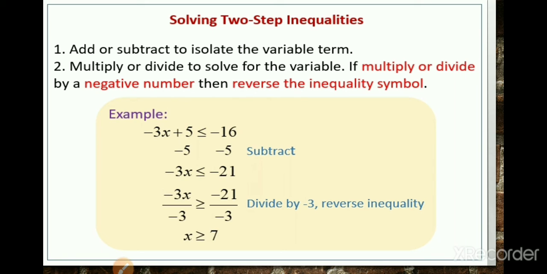Here you can add or subtract to isolate the variable term, and multiply or divide to solve for the variable. If you multiply or divide by a negative number, then reverse the inequality sign. We'll learn this by taking an example. Many simple inequalities can be solved by adding, subtracting, multiplying or dividing both sides until you are left with the variable on its own.